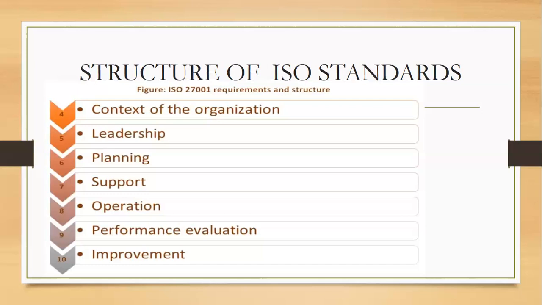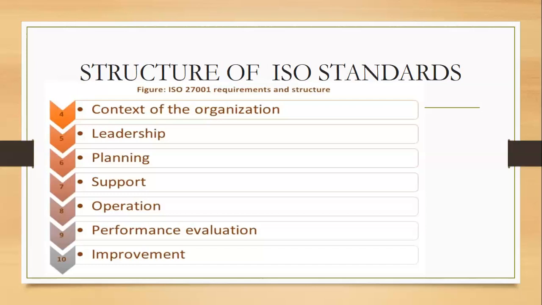Do they have the relevant policy, and is it communicated? 5.3 is organizational roles and responsibilities. So you want to see that the relevant roles have been assigned, relevant offices have been assigned, relevant committees have been created. So that is what you check for in clause 5.